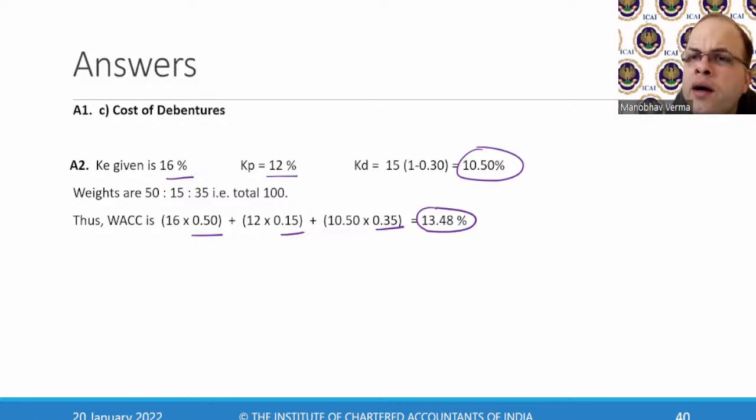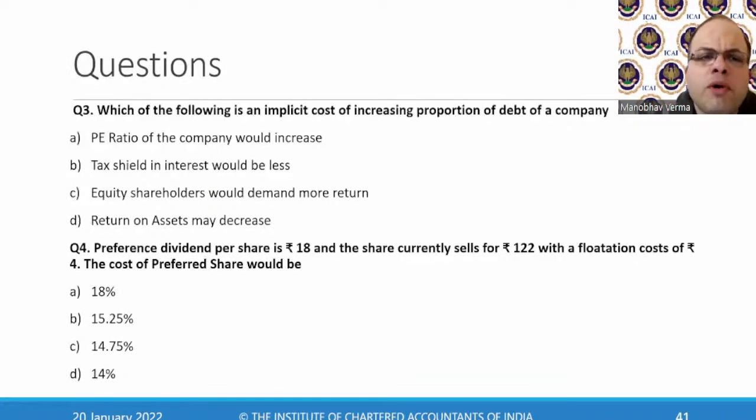Let's look at more MCQs here. Yeah, Pooja, absolutely correct. Let's talk about question number 3 then. Now this could be an interesting question, so try it while being a little bit careful. Which of the following is an implicit cost of increasing proportion of debt of a company?